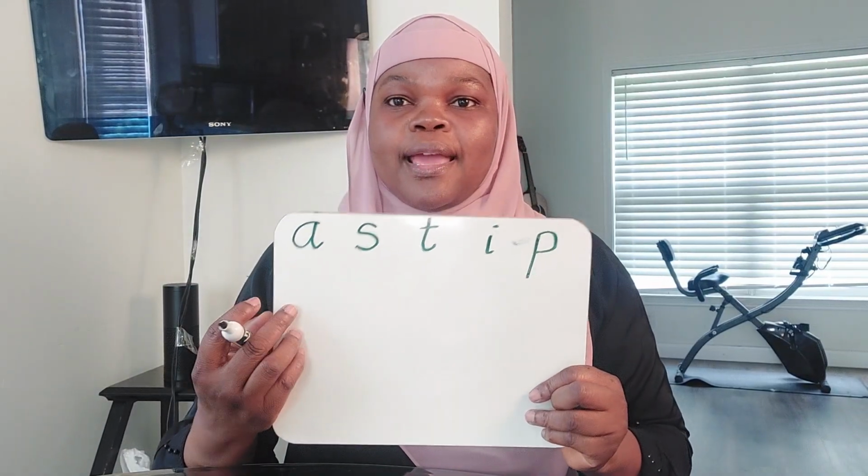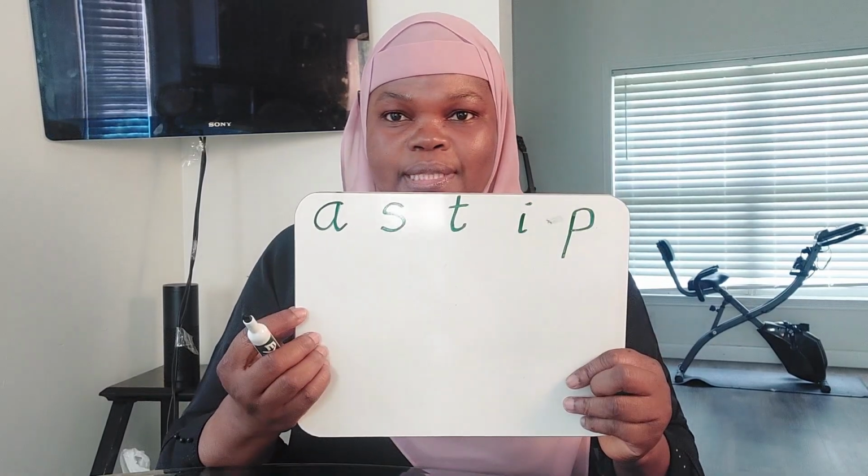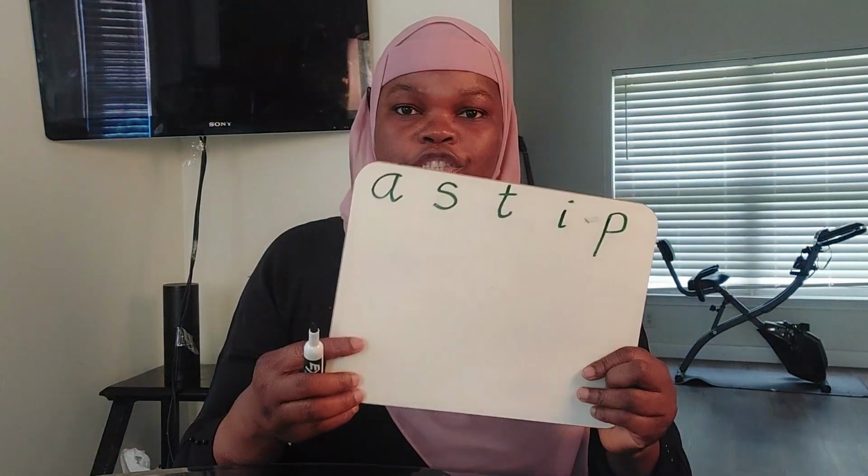But according to the Foundation Phonics arrangement that we use, we start with A, S, T, E, and P. Can you see that? So this is the first tier of letters in the first stage of Foundation Phonics.